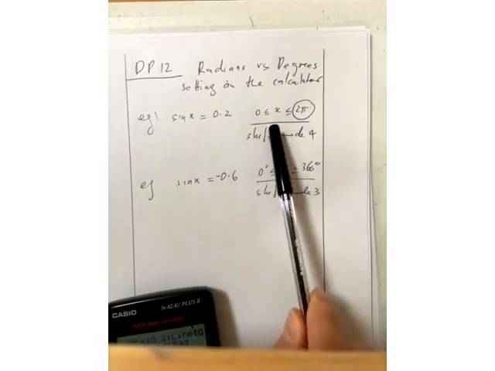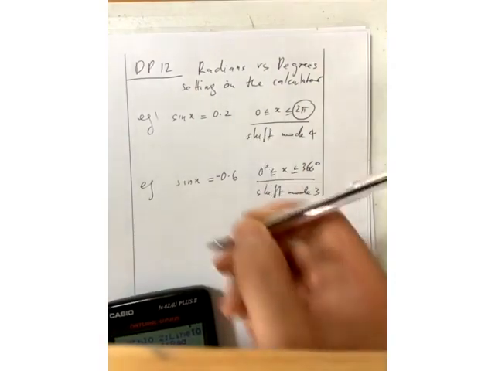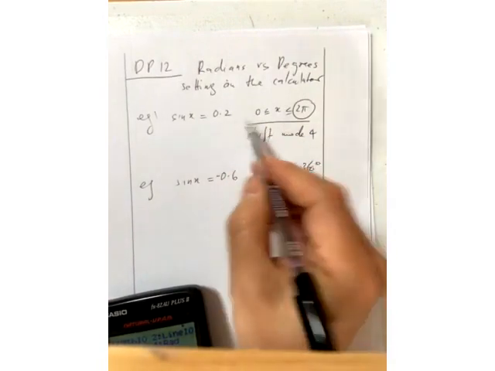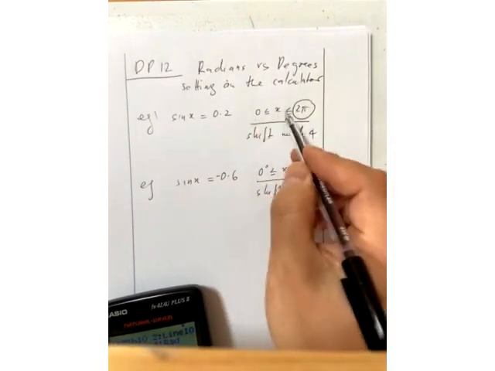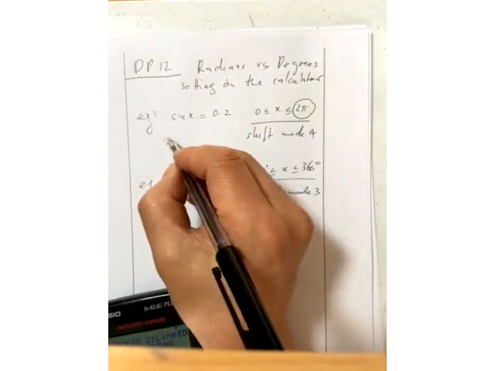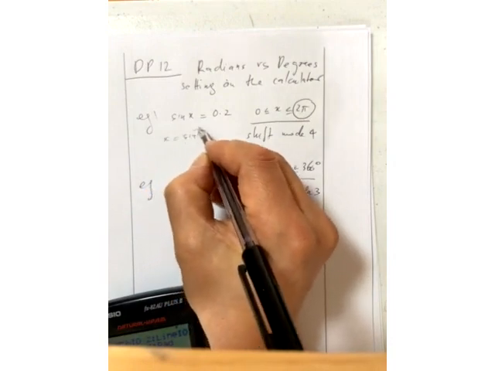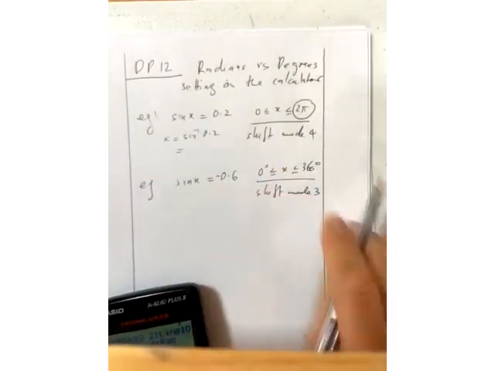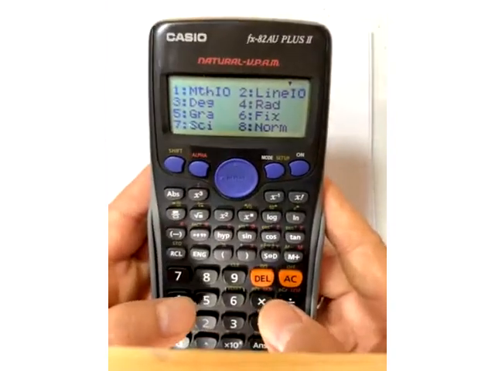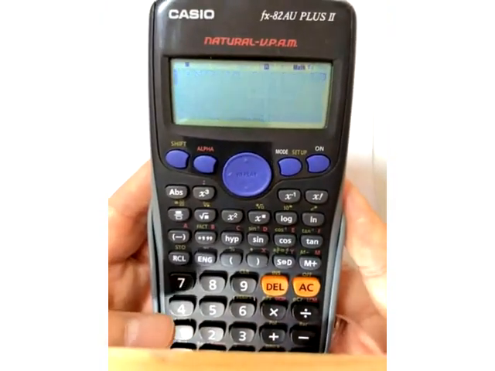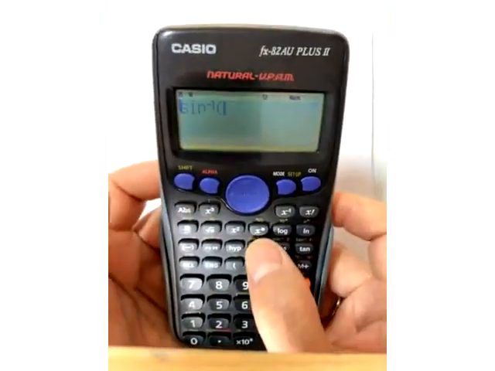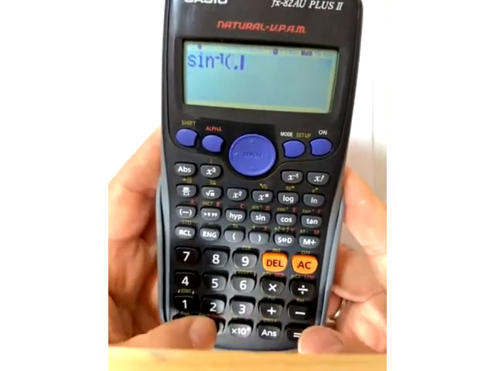So just for this one here, I'm just going to do this one very quickly. Just going to give you one answer to this, not the whole answer. So if I say X then equals sine inverse 0.2, setting my calculator in radians mode, so I'm going to press 4 here, and I'm going to shift sine inverse of 0.2.